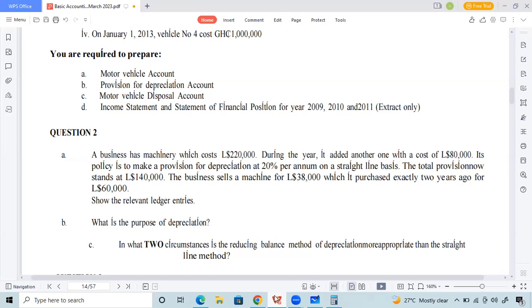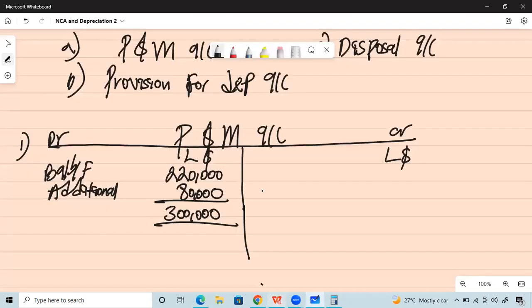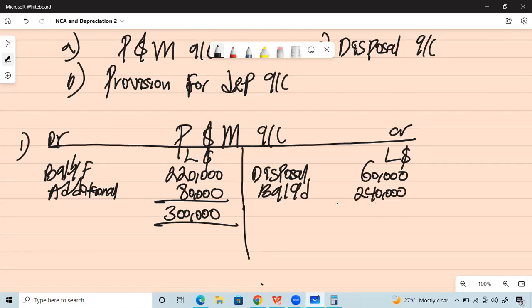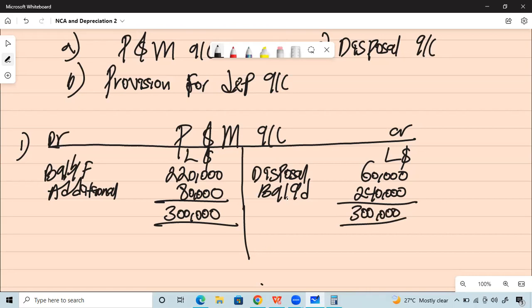That's the amount that you're going to show in the asset account. So you are going to see disposal, 60,000 naira. So your balance now is 240. This 300 and this 300. It's as simple as that.